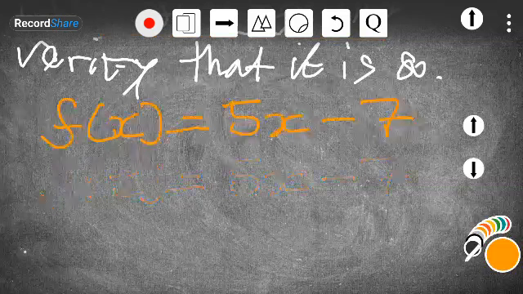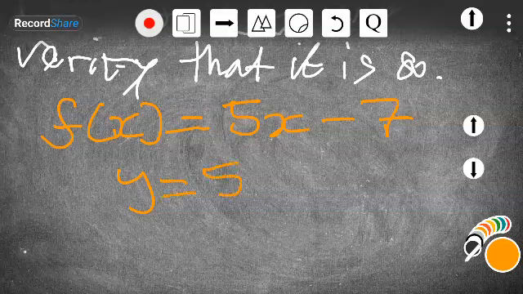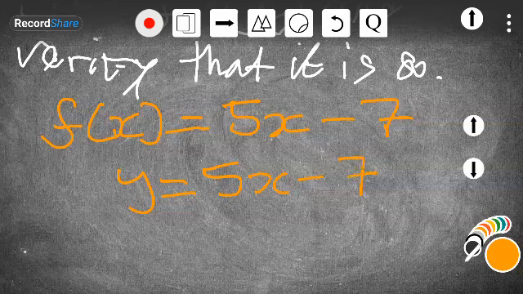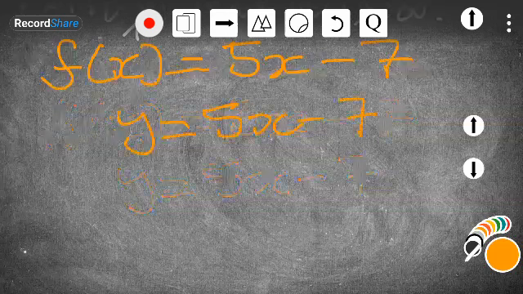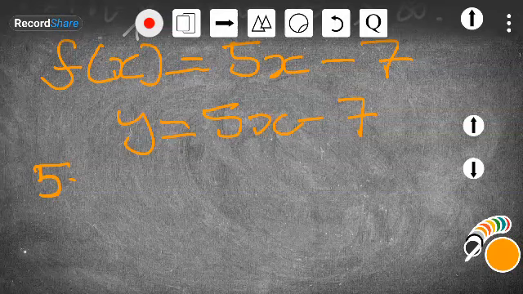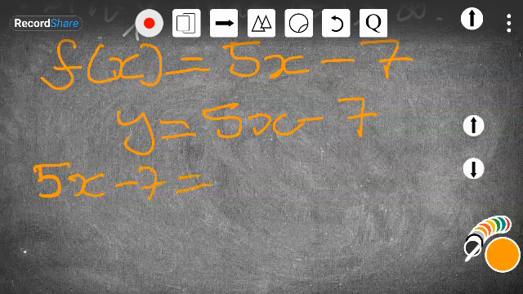Now, since the inverse is a reverse of a range to a domain, for us to find the inverse of this function, we have to say y is equal to 5x minus 7 and make x the subject of the formula. So 5x minus 7 is equal to y.